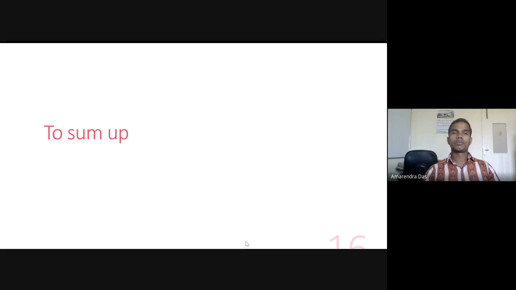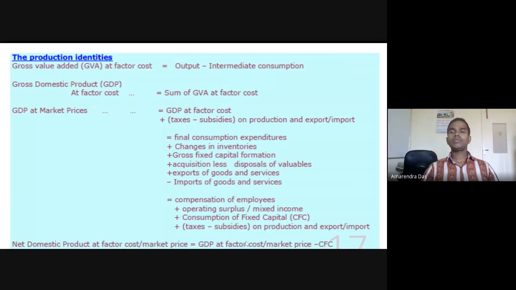So to sum up all these things, you can write it in equation form. The gross value addition at factor cost is equal to output minus the intermediate consumption. Then gross domestic product at factor cost is equal to the sum of the gross value addition at factor cost. Then GDP at market price is nothing but GDP at factor cost plus taxes minus subsidies on production and export or import.